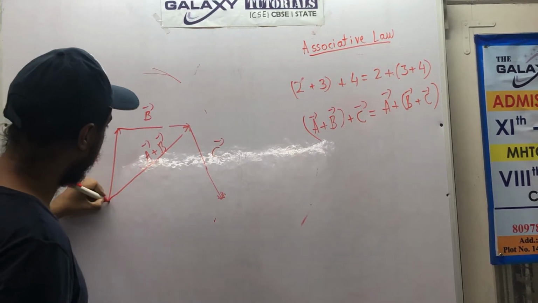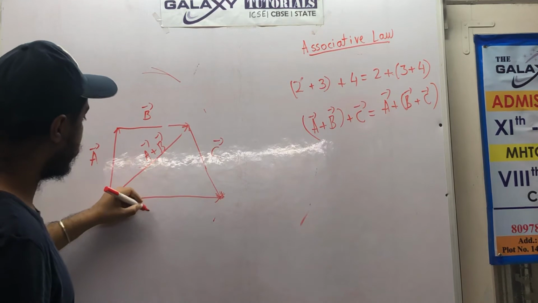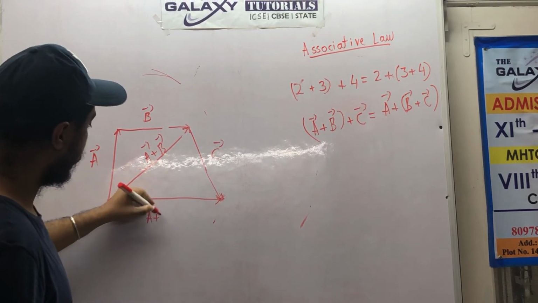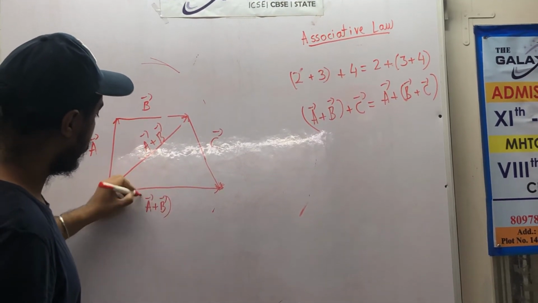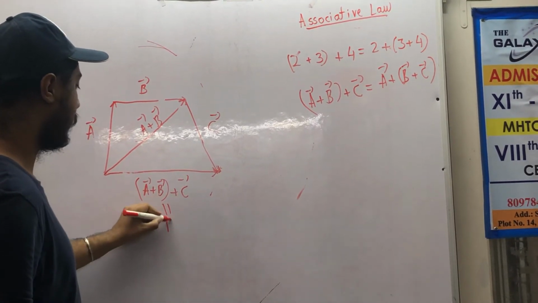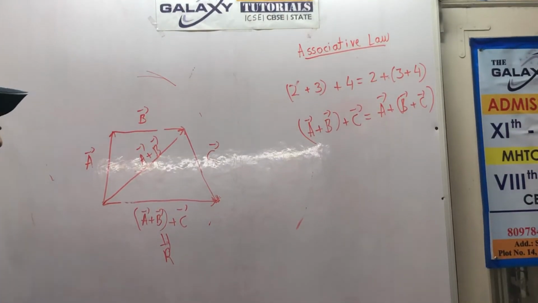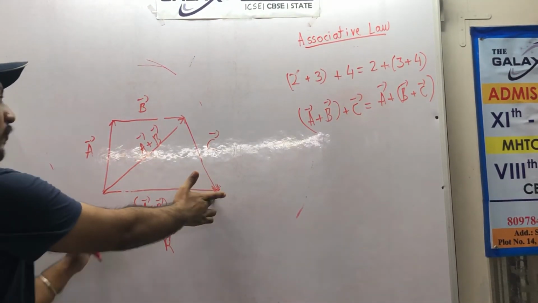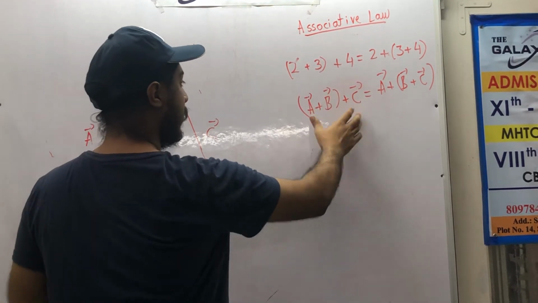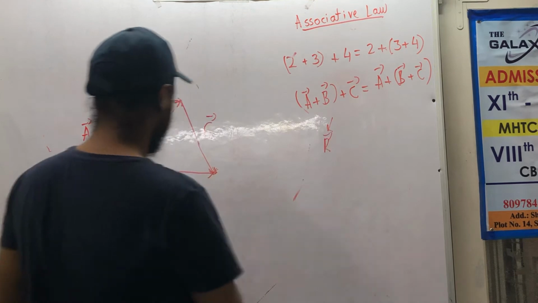So you will make a side here, and what will this represent? Vector A plus B plus vector C, or you can write it simply as vector R. It is basically the resultant of this and this. Okay, now we got the answer R. This value we got.